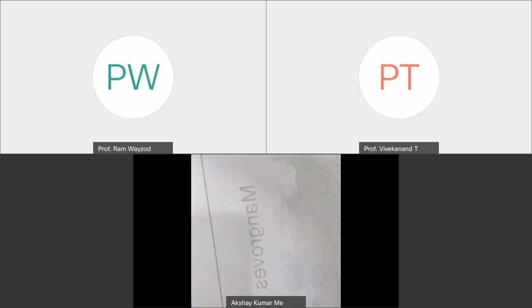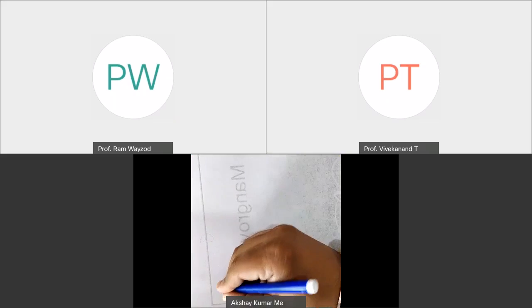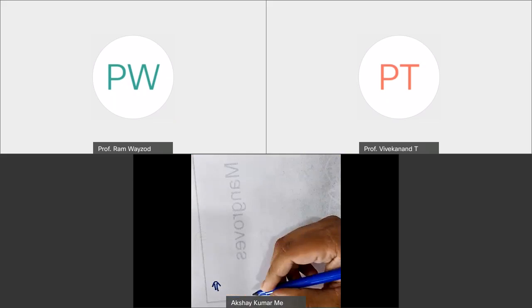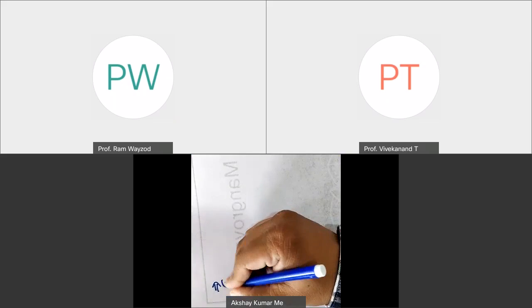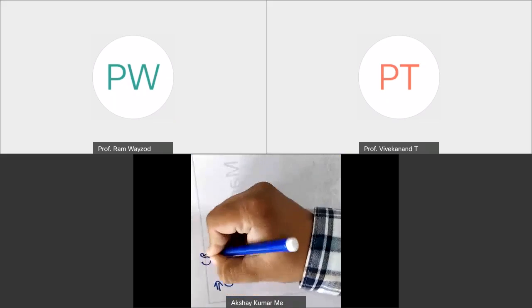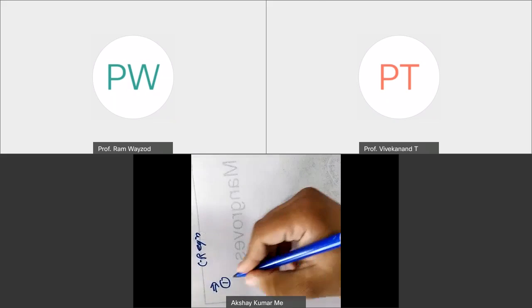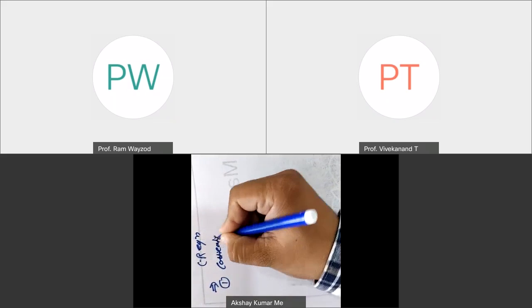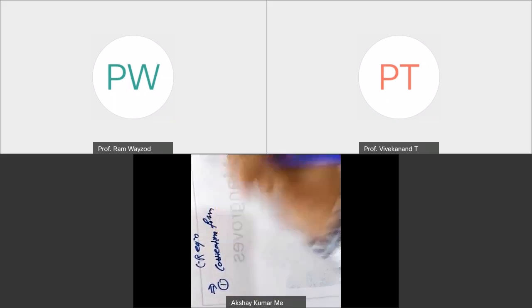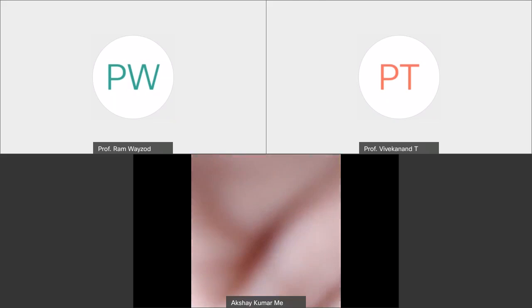So there are necessary conditions to find whether a function is analytic or not. First, CR equation in partial form.